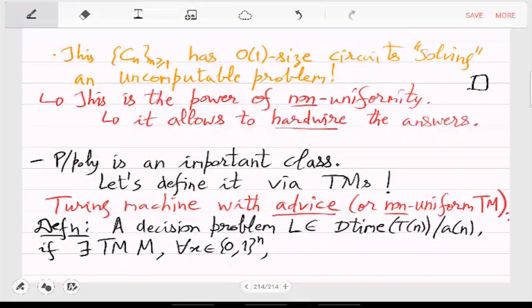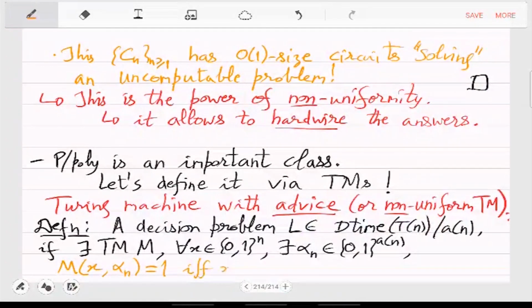T and A are functions, right? T is the time function, A is the advice function. So there should exist an advice, which is a string alpha n of that much length, such that M given x and the advice is 1 if and only if it's a yes string.